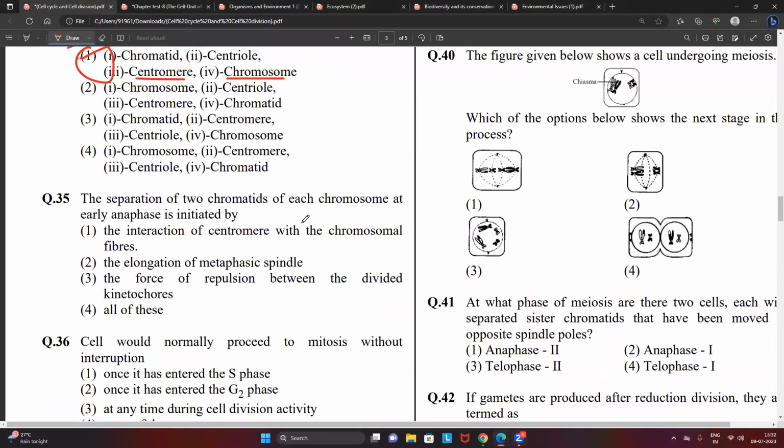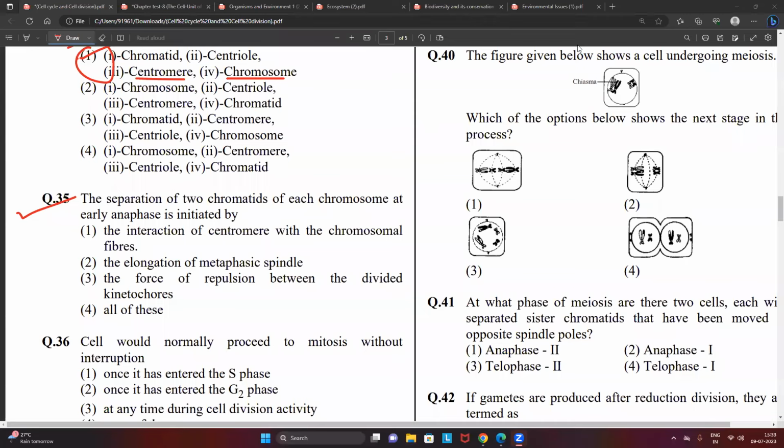The separation of 2 chromatids of each chromosome at early anaphase is initiated by. Correct. 2 is the centriole. Question number 35. Slowly, friends. Very slowly.